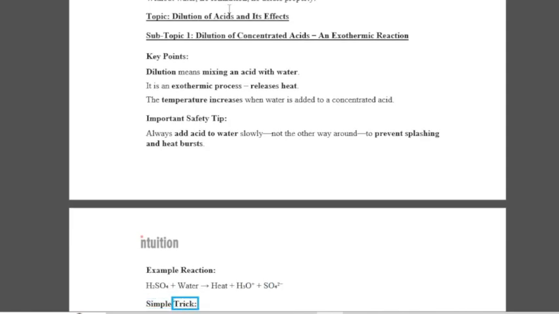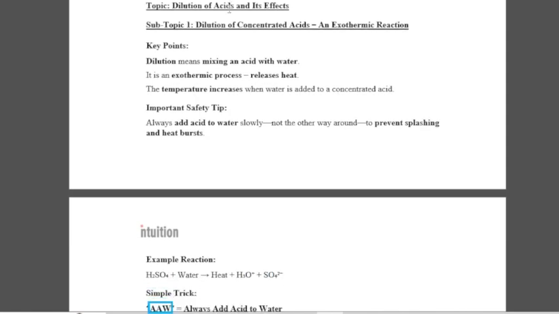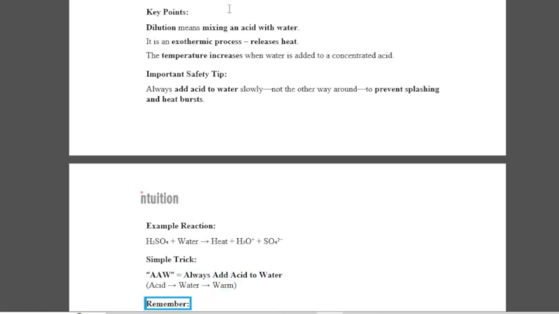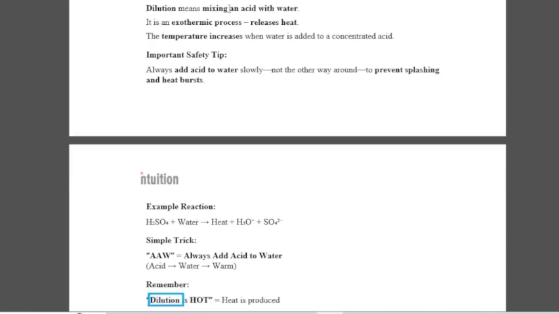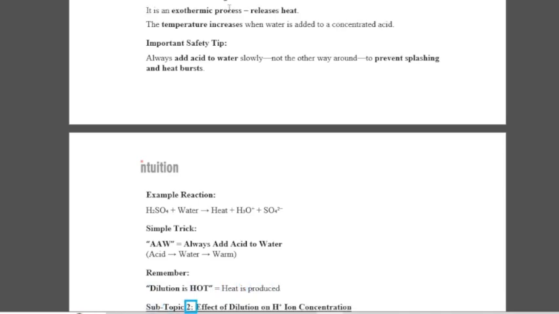Simple trick: AW means always add acid to water. Acid, water, warm. Remember, dilution is hot, meaning heat is produced. Subtopic 2. Effect of dilution on H+ ion concentration.